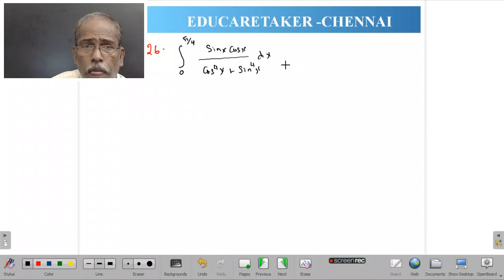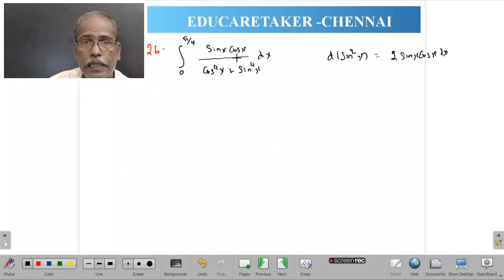Now what to do? Sin x cos x can be a derivative of sin square x. What is the differential of sin square x? It is 2 sin x cos x dx. So sin x cos x dx is 1 by 2 d of sin square x.